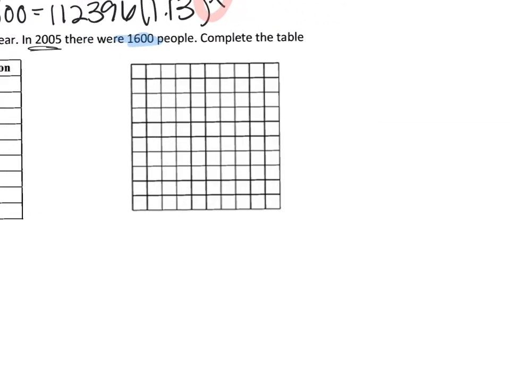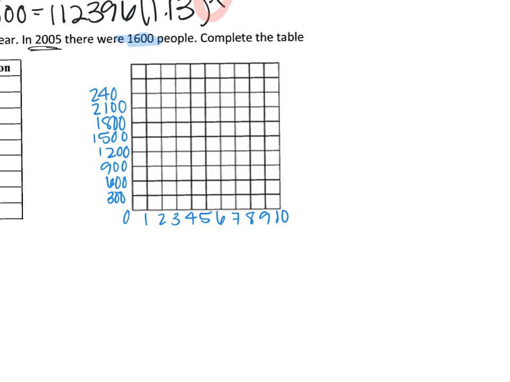So let's say 0, 1, 2, 3, 4, 5, 6, 7, 8, 9, 10. And I'm going to count by 300, 600, 900, 1,200, 1,500, 1,800, 2,100, 2,400, 2,700, and 3,000.